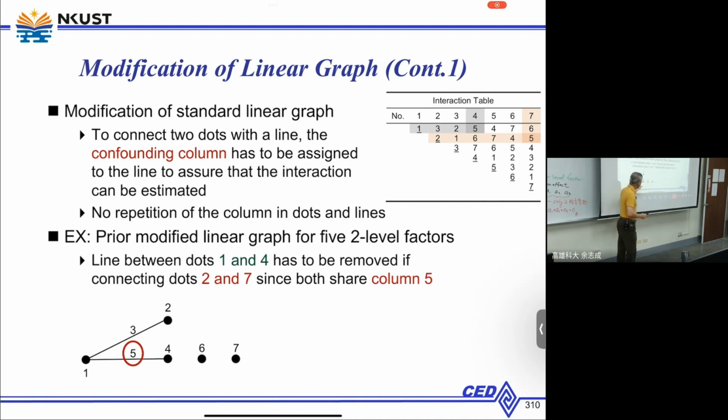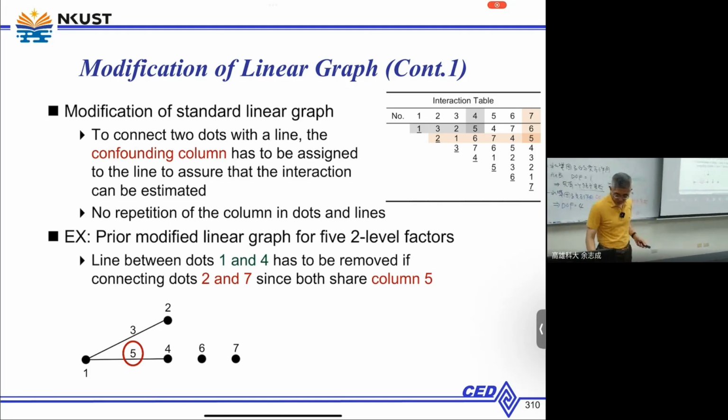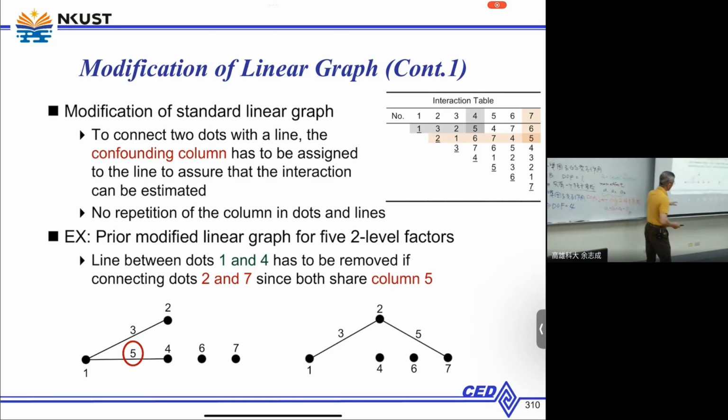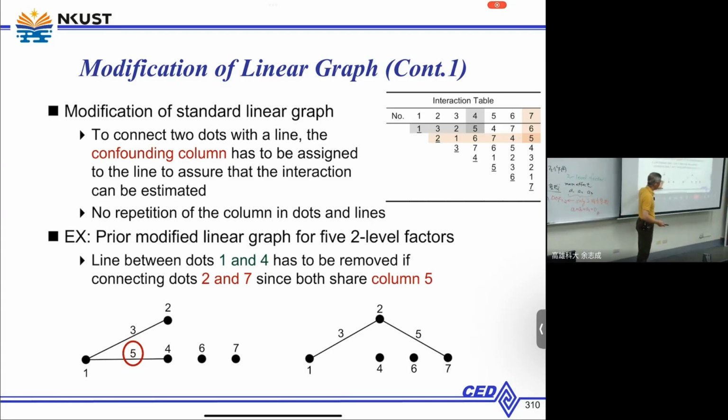However, 5 is already used in this column. So you need to make a decision whether you want to keep this line or that line. You can only keep one line. So if you want to analyze interaction 2, 7, then you need to remove this line and you cannot estimate 1, 4.